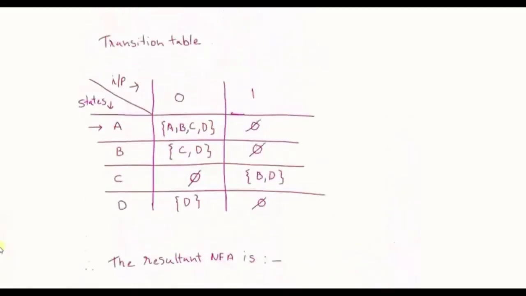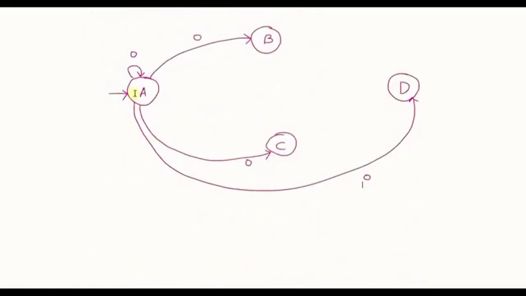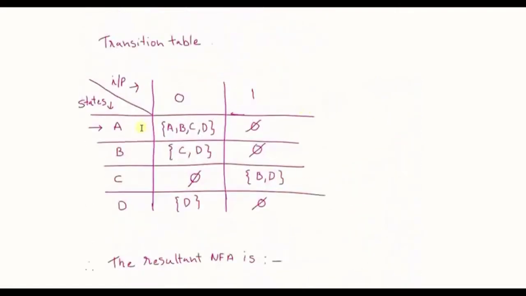Understood? This is how I have to write. They are not one state, but individual states. A is a separate state, B is a separate state, C and D are all separate states. That's why I have shown 4 transitions. Now A on 1 does not go to any state, so there is no transition defined.